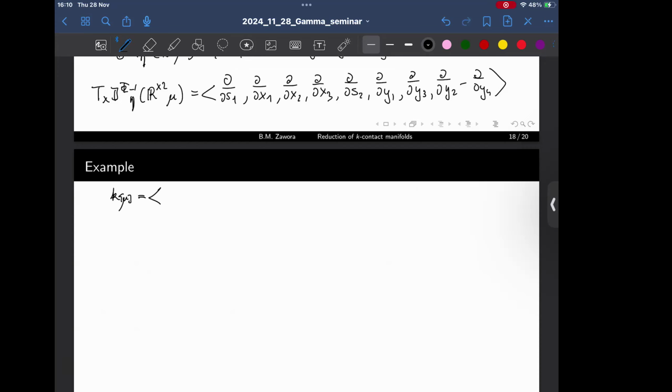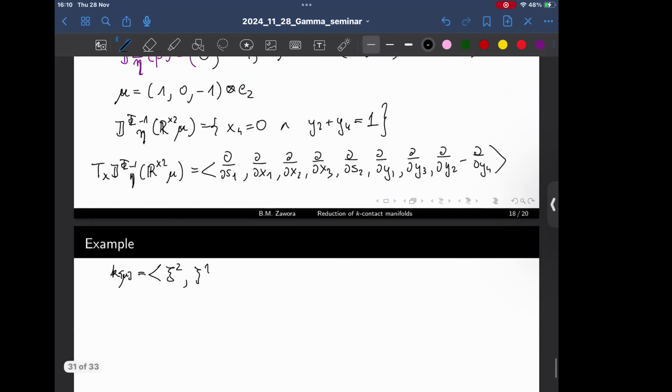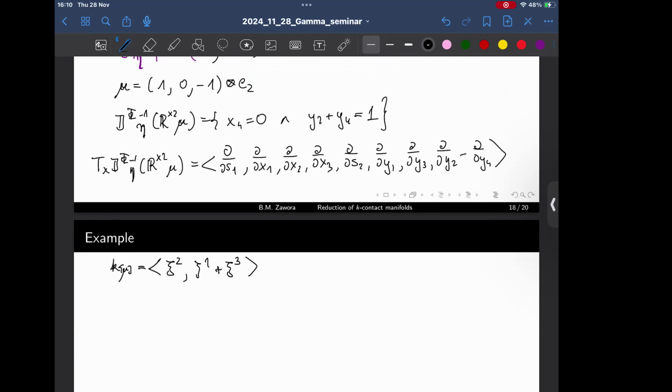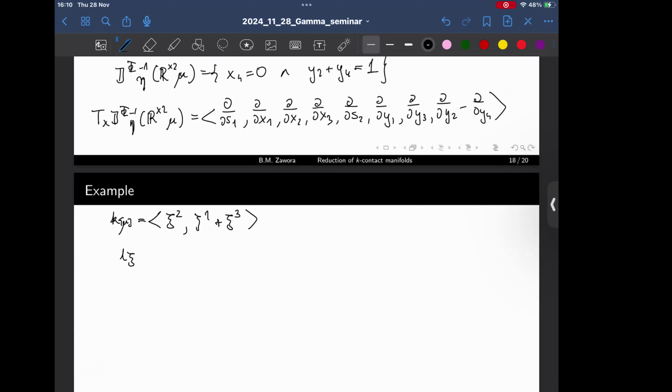So you can see that this K mu is generated by xi2 and xi1 plus xi3, which basically means that xi2 m of eta x equals 0 for x in J phi 2 minus 1 of R cross 2 mu, and xi1m plus xi3m of eta x equals 0.